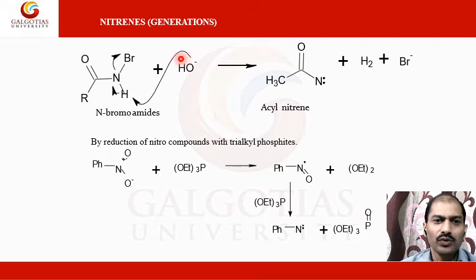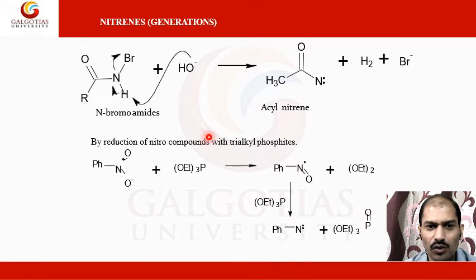Now coming to another way of producing nitrenes. The base OH reacts with N-bromoamides, forming acyl nitrenes, and the hydrogen and bromide ion are replaced.